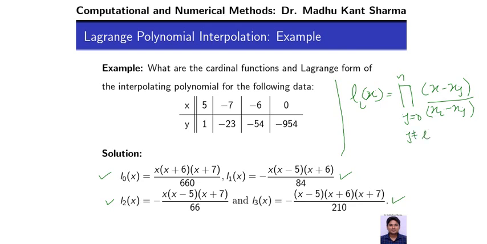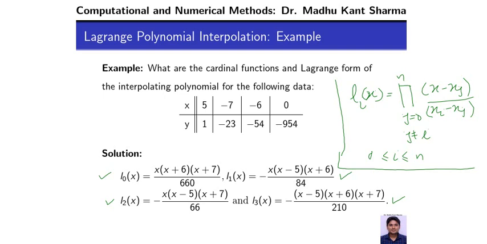So this is 1, for 0 less than or equal to i less than or equal to n. With this definition, you can identify the cardinal functions, and then you can write the Lagrange form.